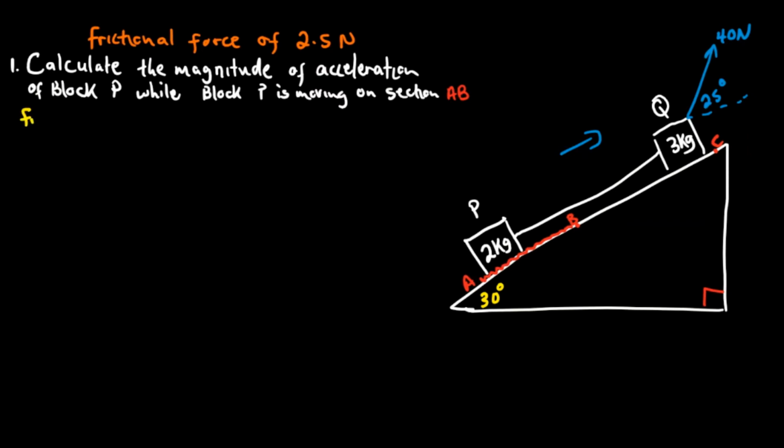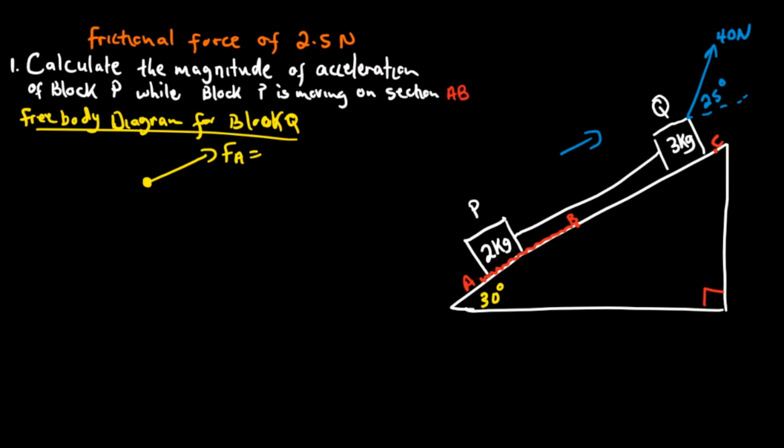So the free body diagram for block Q is as follows. This will be block Q, and then this is the force applied, which is equal to 40 newtons.